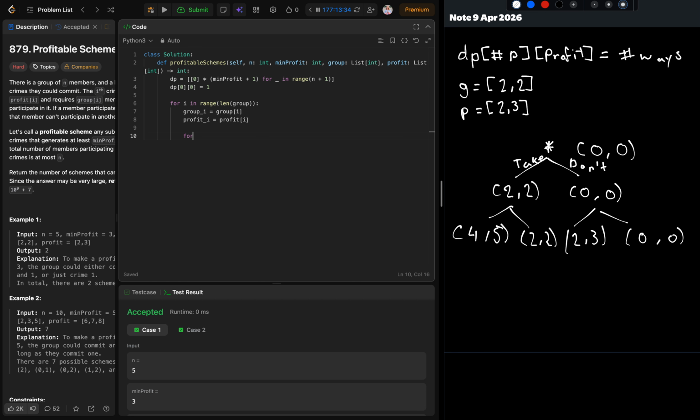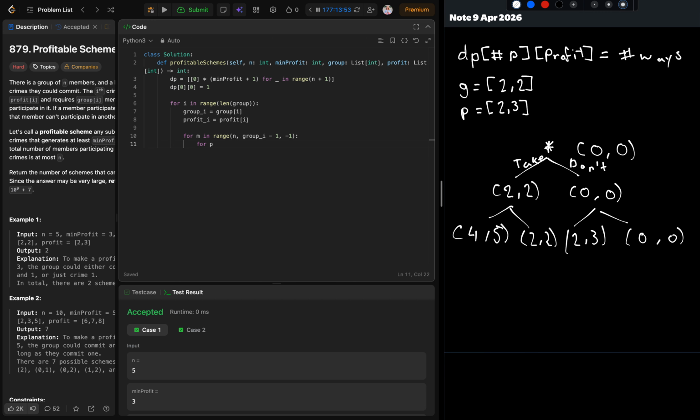Okay, so for the amount of men that we have in the crime, ranging from n to group I minus 1. And you'll see why I do group I minus 1 later.